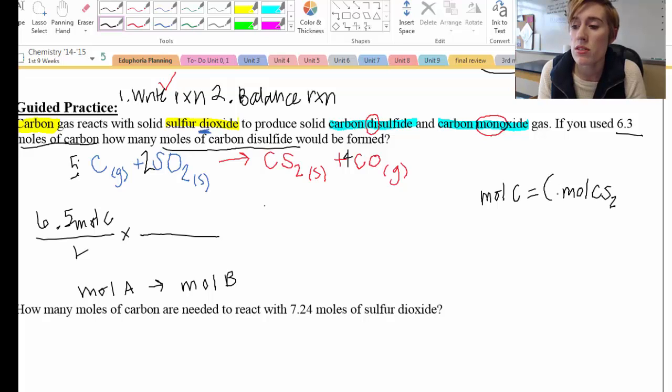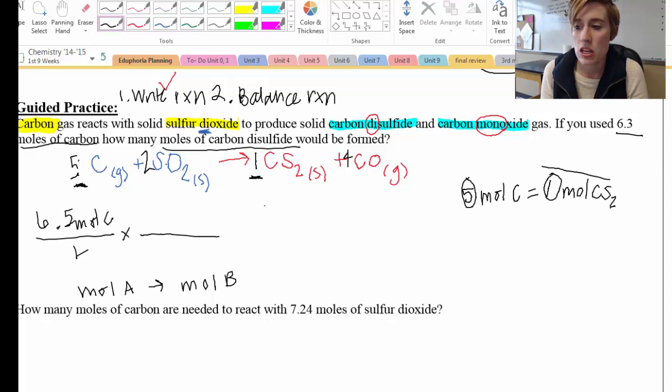So now we just have to find what numbers we're going to use for this conversion factor. All we have to do is look at our balanced chemical equation. We have 5 moles of carbon that's used to produce, and there's not a number here, so I'm going to assume it's 1. So we write here 5 moles of carbon is used to produce 1 mole of CS2.